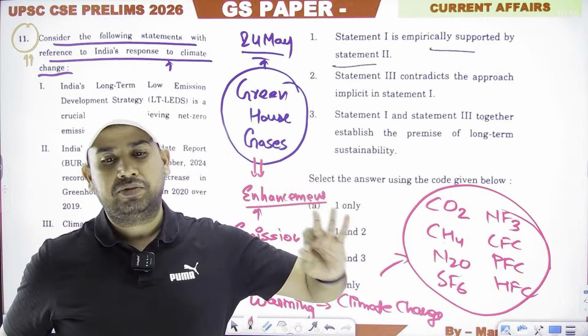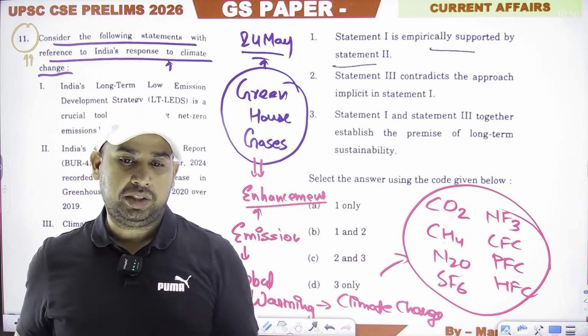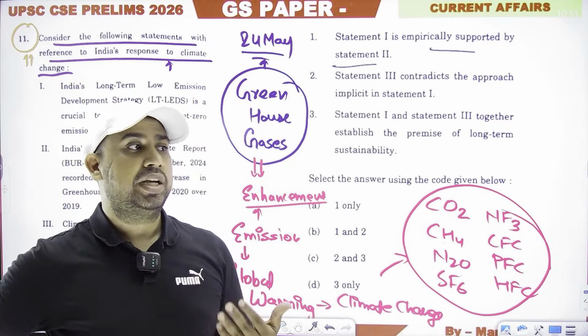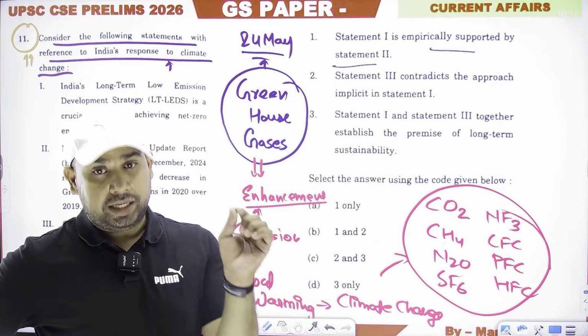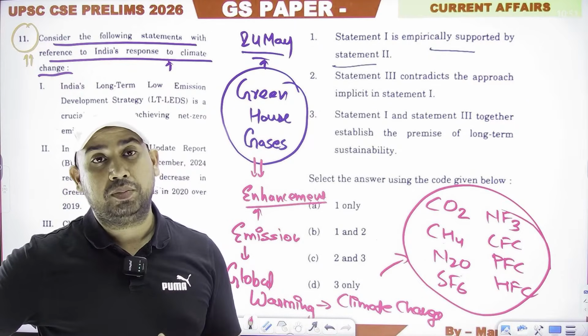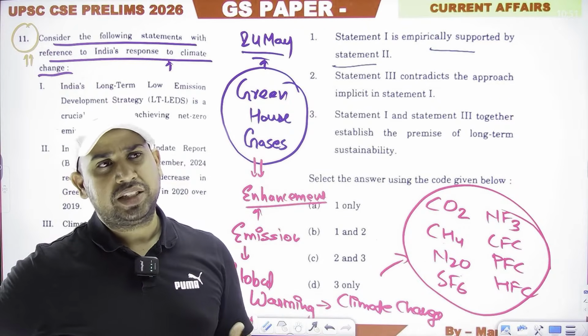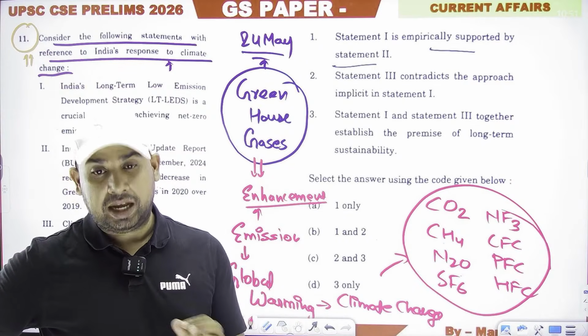On that basis, India has achieved several things, but we are still on the way. We have not achieved it till date. We are referring to some targets for 2030, for 2035, and till 2070 we want to become a net zero carbon emitter. Net zero carbon emitter means that whatever amount of carbon we emit, we can absorb the same amount.